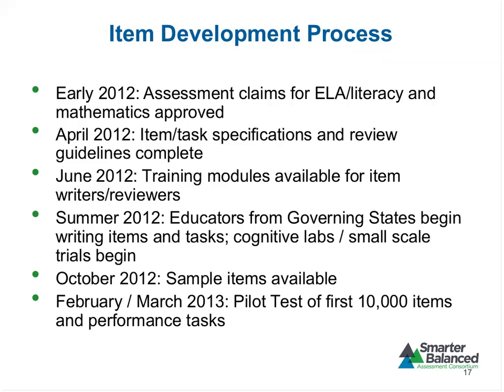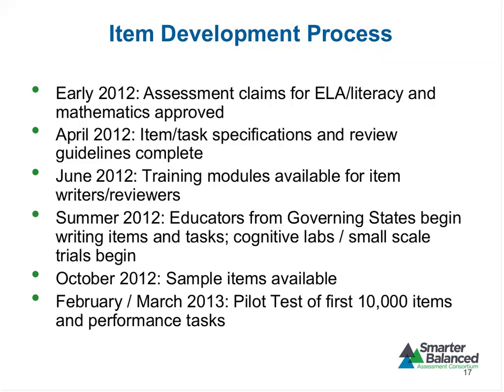But we try to translate those tasks into what we call targets. We developed training modules for the item writers and reviewers, and then educators from some of the governing states began to write items this summer. We began to produce items for cognitive labs to study how the items work.